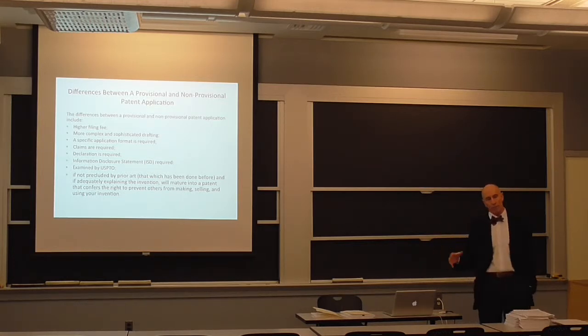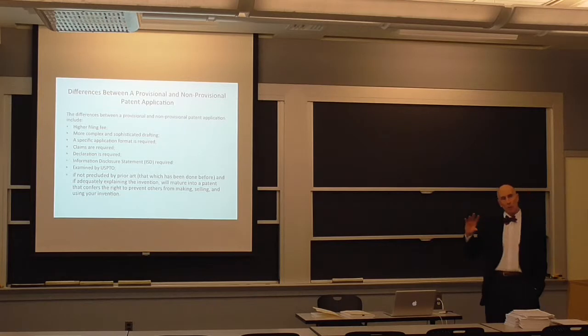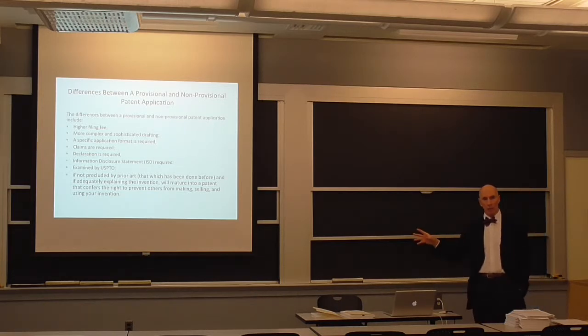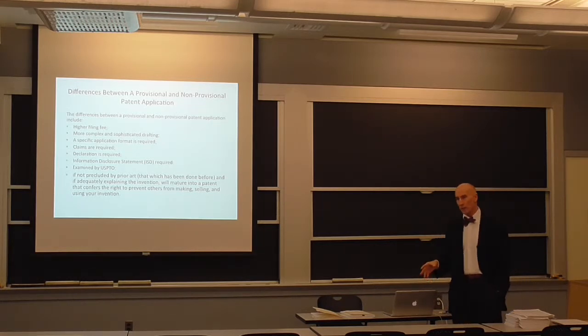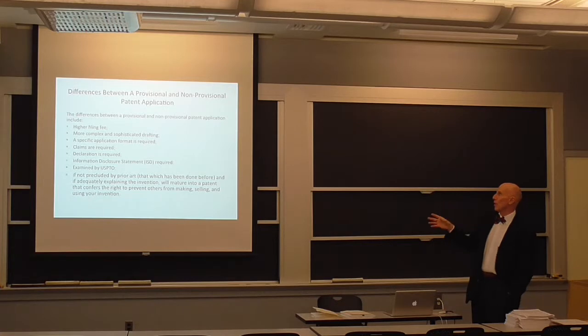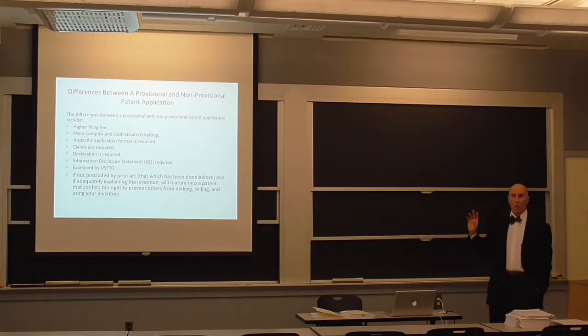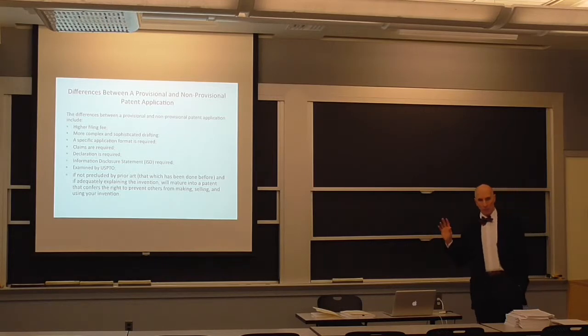That's only true if I don't represent you. We're really talking about the minimum requirements that are set out in the patent statute, and which the USPTO requires. But as we all know now, we want to provide more than what the minimum requirement is.